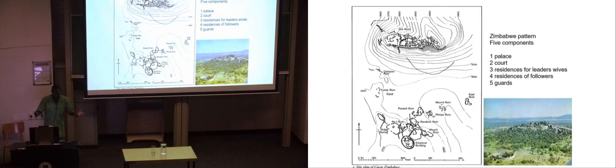So based on those symbols, Huffman came up with what is known as the Zimbabwe pattern. The Zimbabwe pattern, according to him, is comprised of a palace for the king. The palace, according to Huffman, is the hill complex. That is where the king resided.